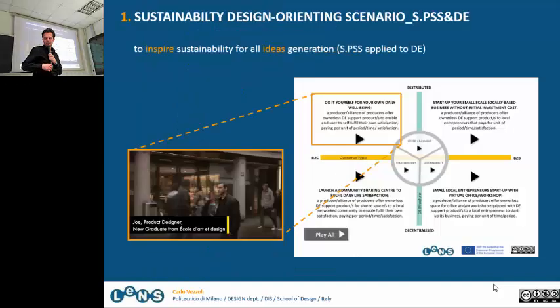So the first tool is a tool to inspire designers.